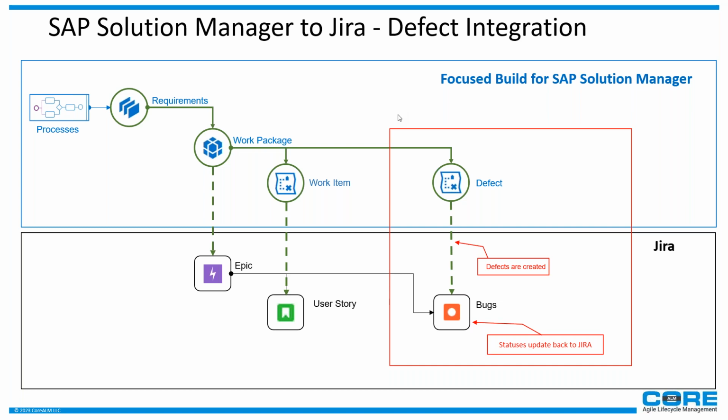When we create a defect, if we want to have trackability also in Jira for the non-SAP team to look at what defects the SAP team has, those defects flow back into Jira, and all statuses automatically update in Jira. We can have full reporting in Jira for our defects. So we can map them to Jira bugs, or depending on what issue types we're using in Jira to track the defects. But there is integration also for defect management with Jira.